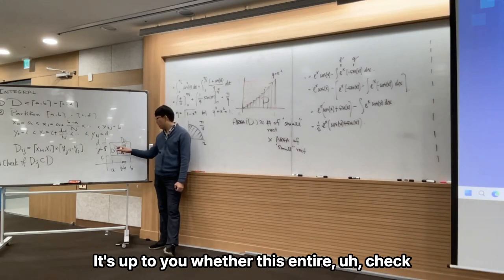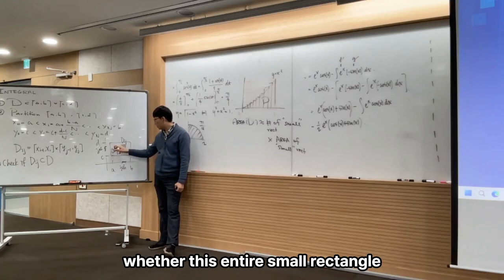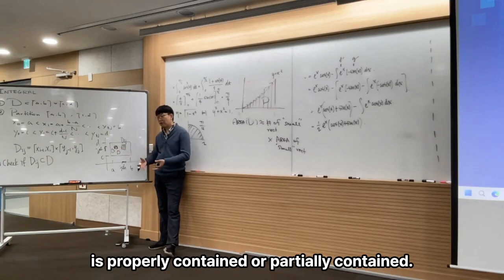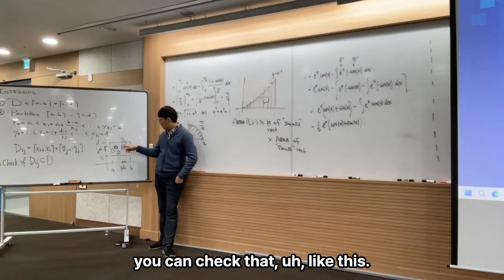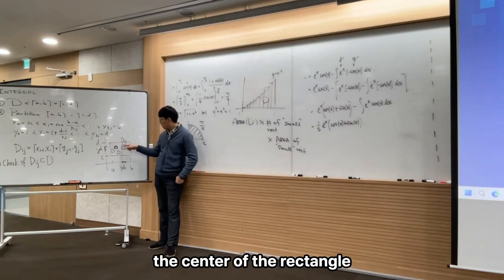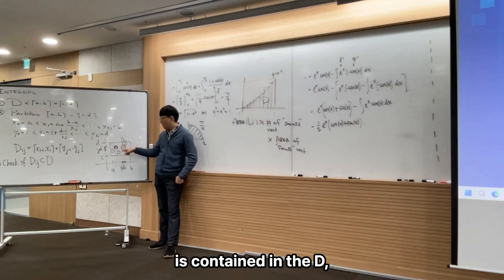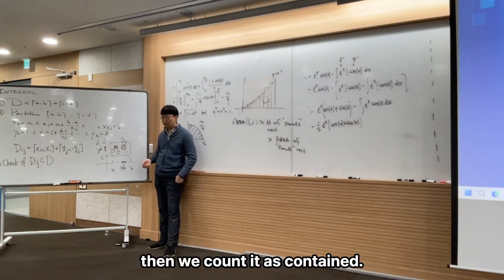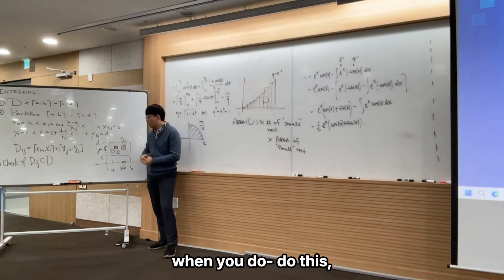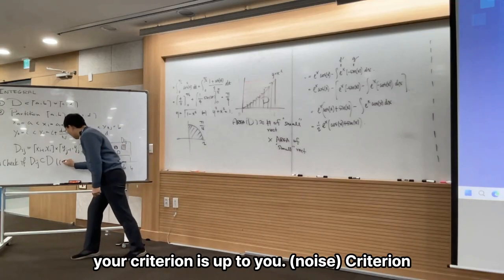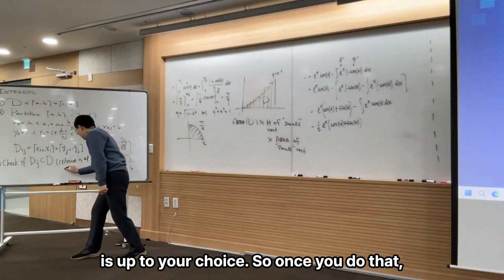It's up to you whether to check that this entire small rectangle is properly contained or partially contained. Or you can check like this: if the midpoint, the center of the rectangle, is contained in D, then we count it as contained. If it's not, it's not. It doesn't matter. Why? Because your criterion is up to your choice.